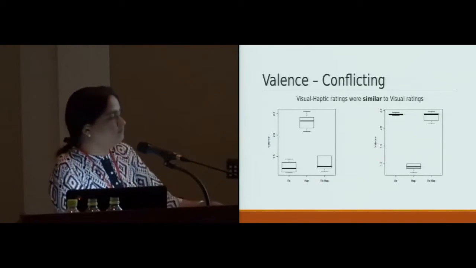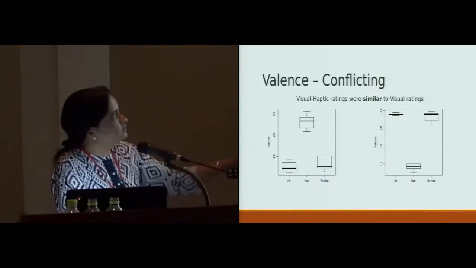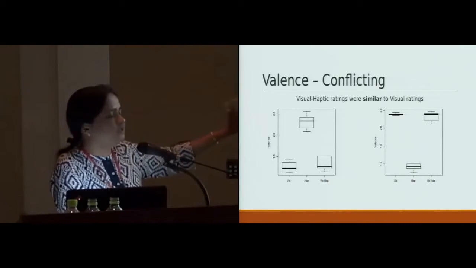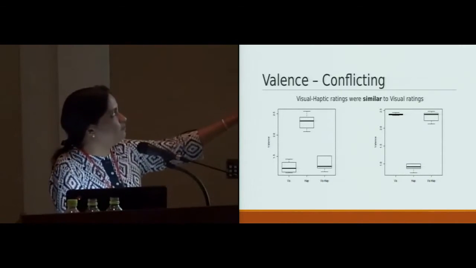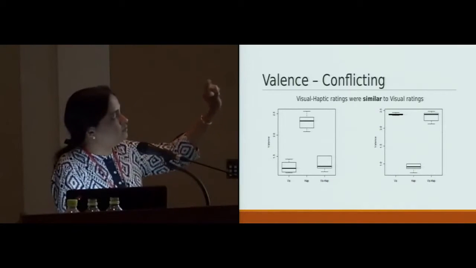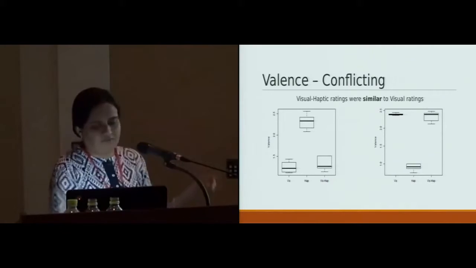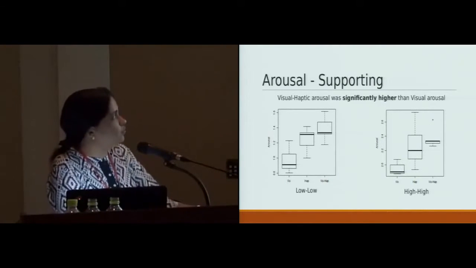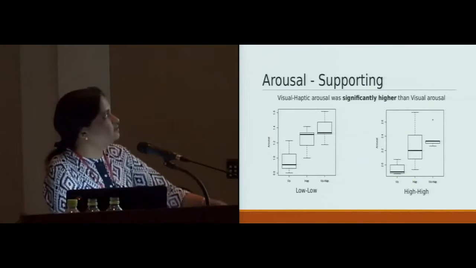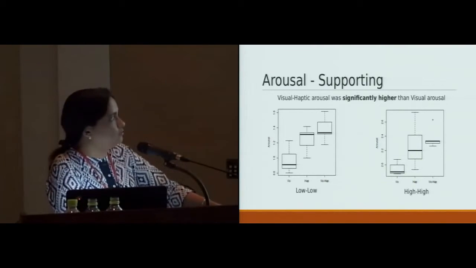But when the visual and haptic valence were conflicting, what we found was that the visual haptic valence was very close to visual valence. Irrespective of whether the haptic was low or high, there was no significant difference between the visual and visual haptic valence. In arousal, in the supportive condition, what we found was the visual haptic arousal was always higher than the visual arousal.